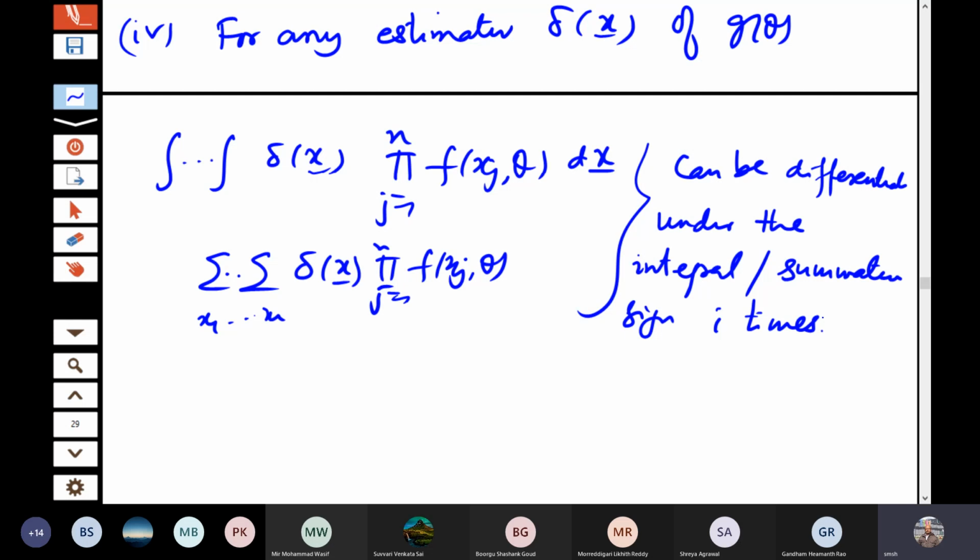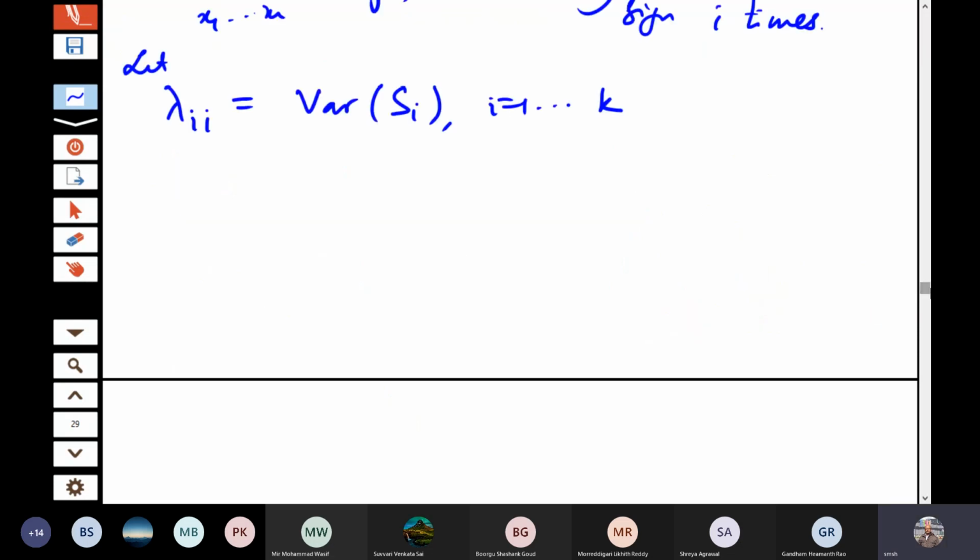So we define some more quantities now. Let us consider lambda_i, that is equal to variance of S_i, i is equal to 1 to k. Let us also define lambda_ij, that is the covariance between this S_i and S_j, for i not equal to j.